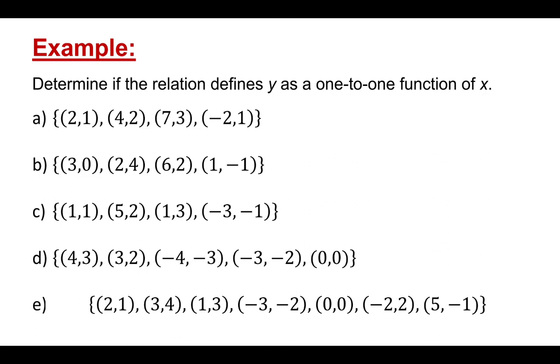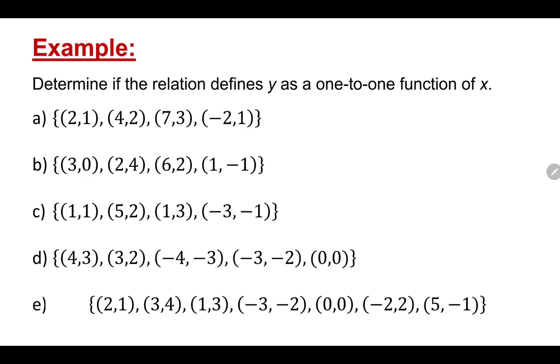Here we have a set of points. If we look at this, we have 1, 2, that's x is 2 and y is 1. So my x is 2, my y is 1. Here my x is 4, my y is 2. My x is 7, my y is 3. And here I have that my x is -2, and I get out 1. So the question is, is this one-to-one?